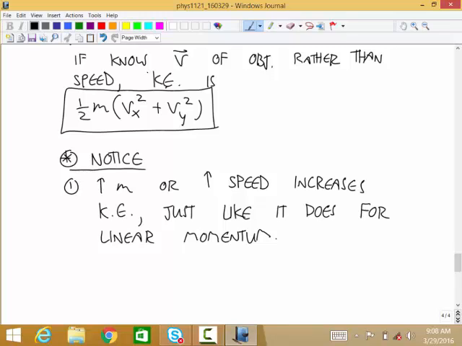They're not measuring the same thing because kinetic energy has the speed squared and momentum has the speed as a linear term, but in some sense they're kind of measuring similar things.